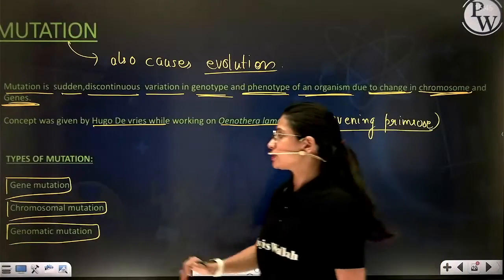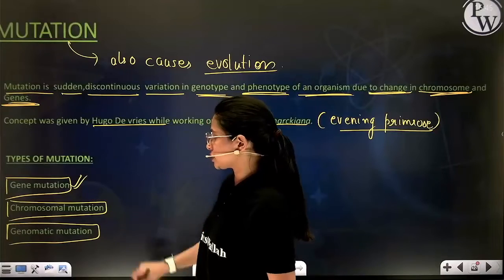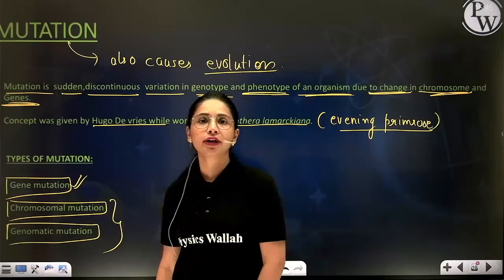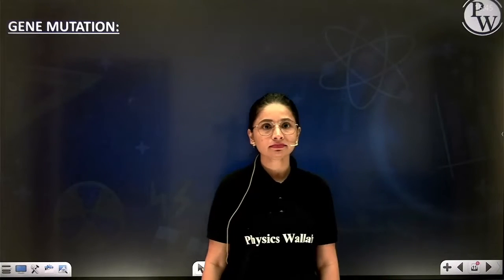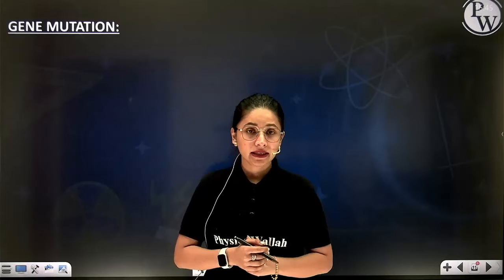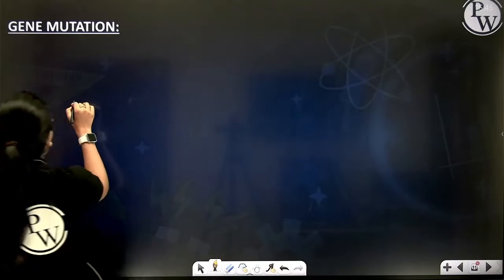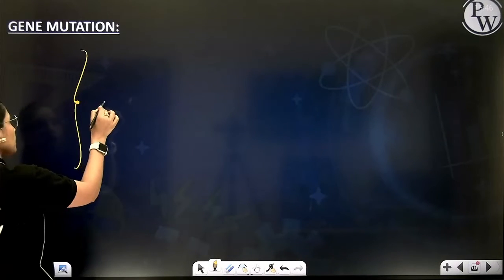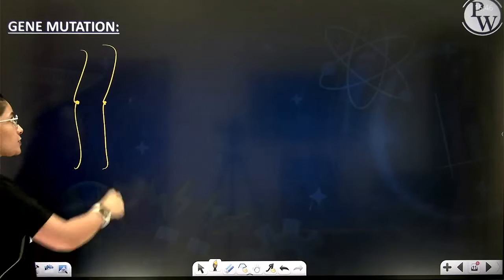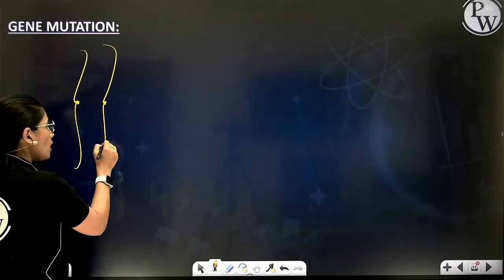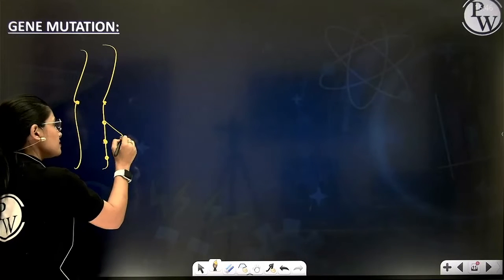Today I am going to teach you about gene mutation. These two we are going to do in our next class. Gene mutation. Beta, basically, see what happens. This is the chromosome. In a diploid cell, this is a pair of chromosomes. Now, these chromosomes are basically having what? They are having genes.